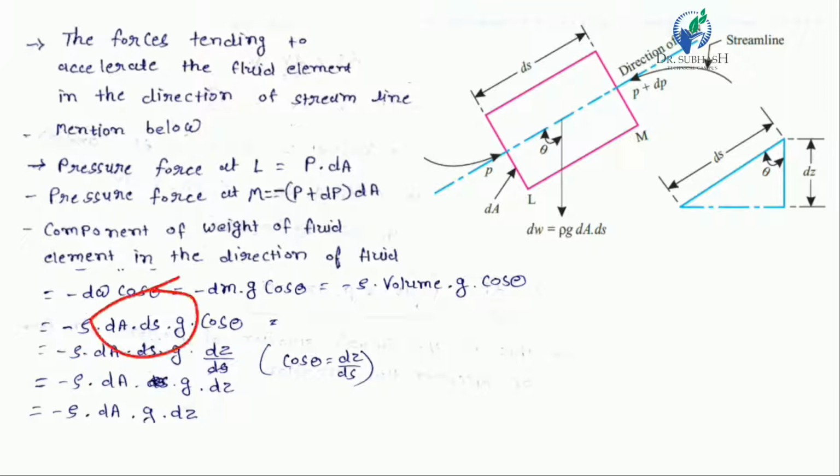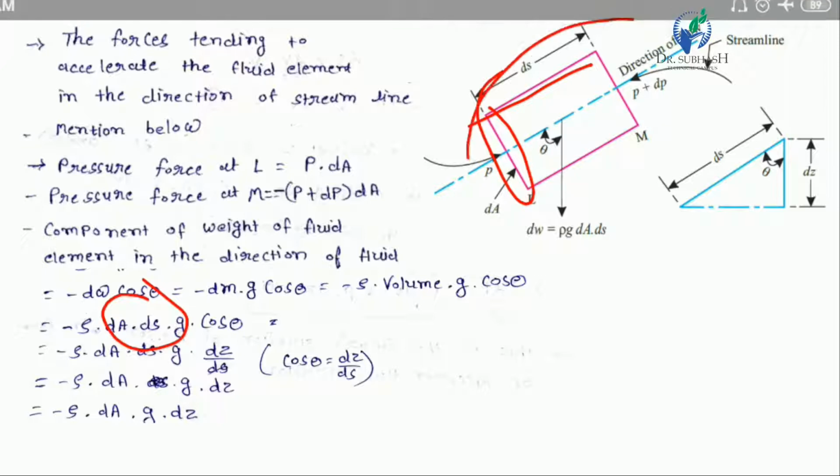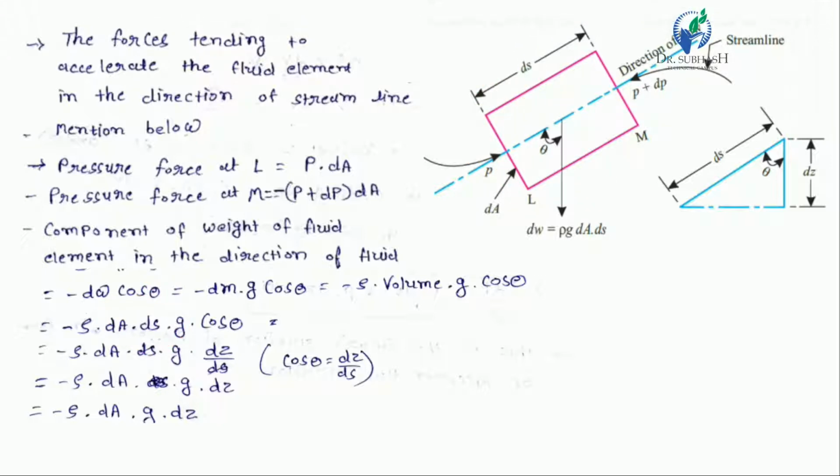So we have rho dA ds g cos theta, where dA ds is the volume of the fluid element, cross-section area into length. Now put the value of cos theta from the fluid element figure.